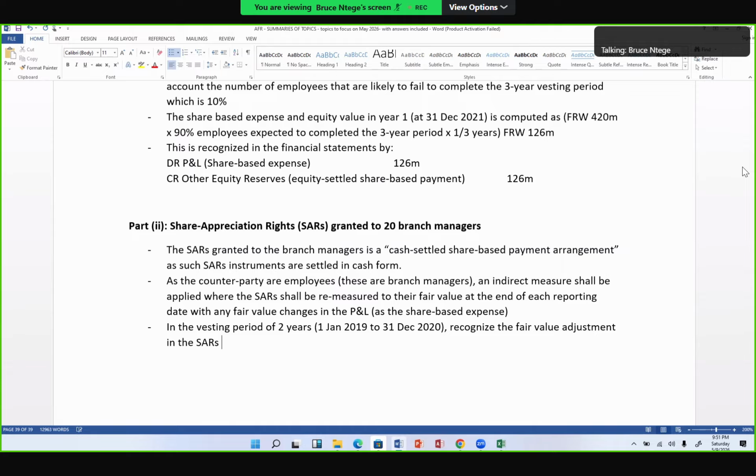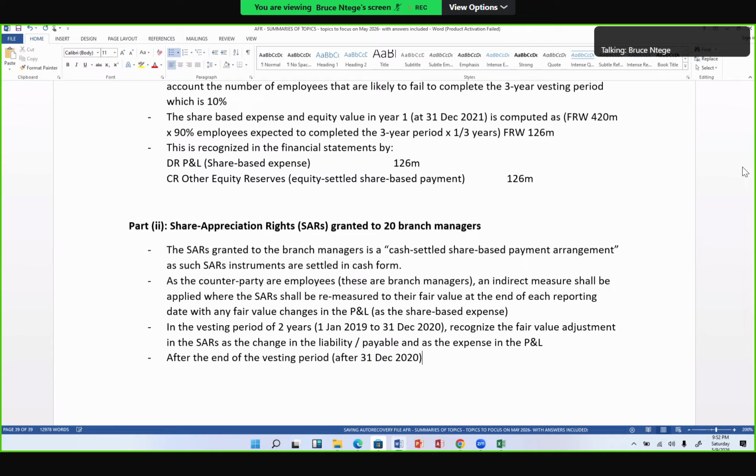But maybe before that, after the end of the vesting period, in other words anything after 31st December 2020, any share appreciation rights exercised shall result in an additional expense, which is based on the intrinsic value of the exercised share appreciation rights.